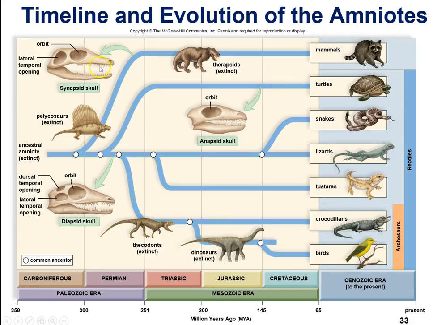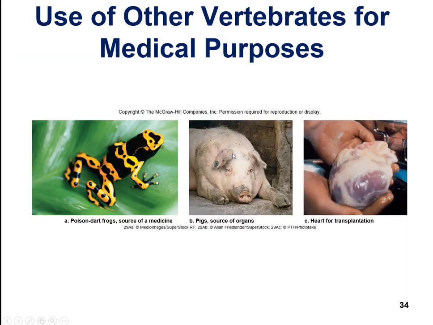It's just a trait that sets some of these groups apart, okay? Again, I'm not going to ask you about synapsid, anapsid, or diapsid, or really anything about this here, okay? It looks like a phylogenetic tree, just like we've seen before, pointing out these different types of skull.